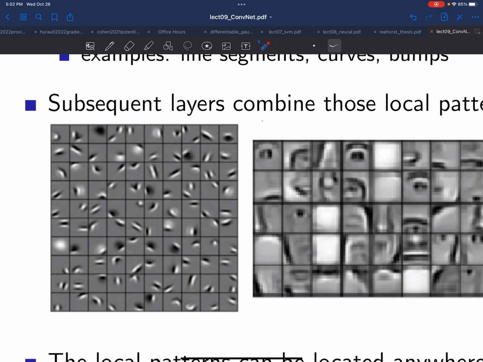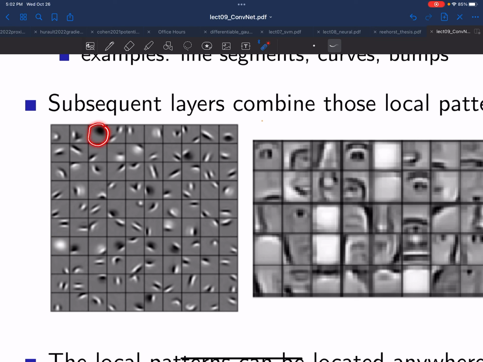For example, this thing has a little bump here, a little dip behind it, and that's like a little fundamental building block shape that is angled in a certain way. And then you have other ones that are angled in different ways and so on. You also have these, almost looks like a Gaussian type of bump, and so on.